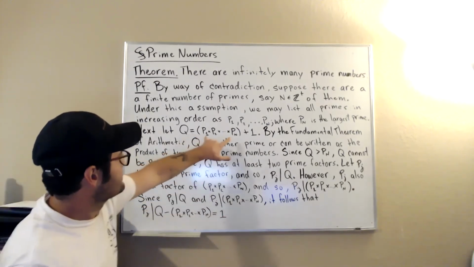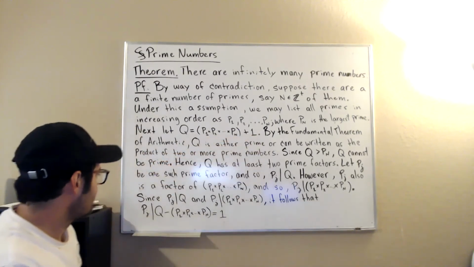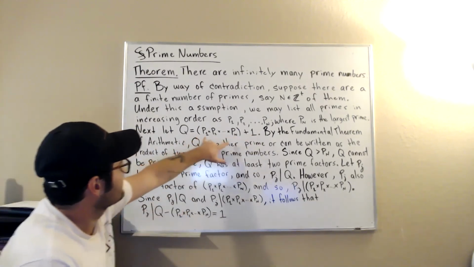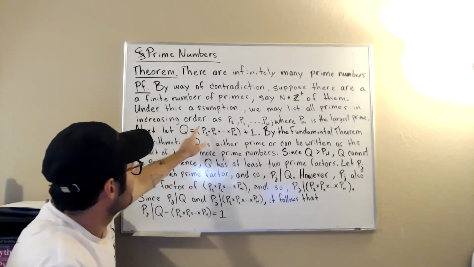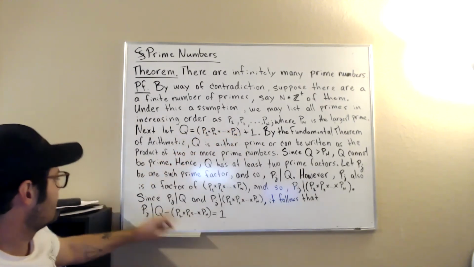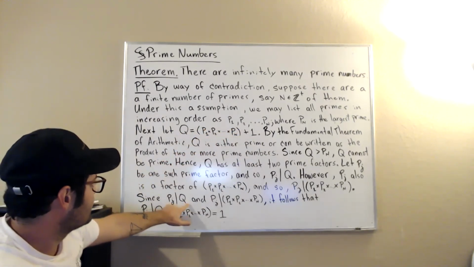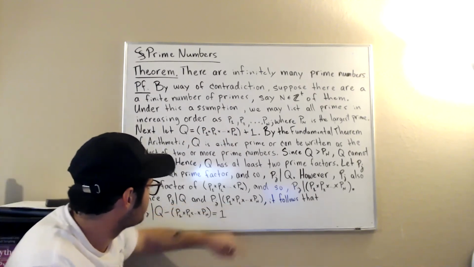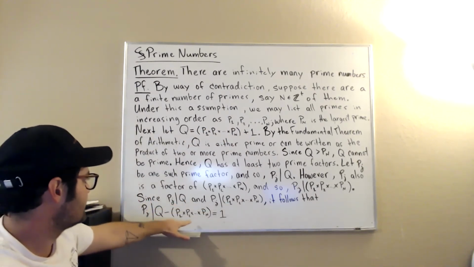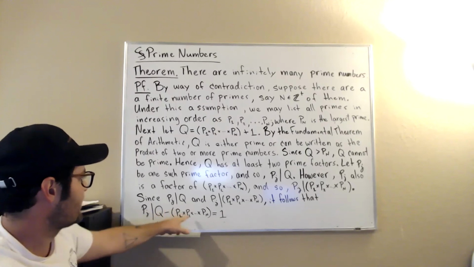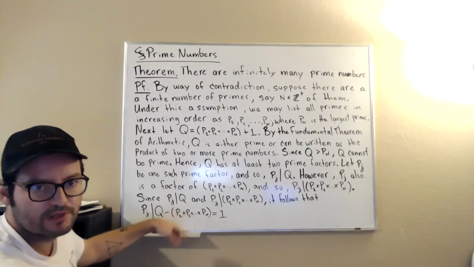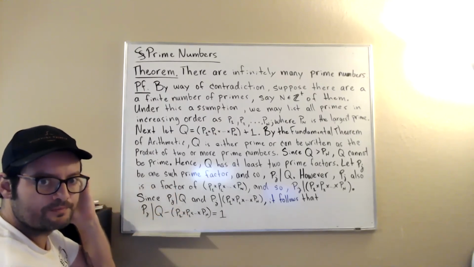Right? Q is defined as that product plus 1, right? So if we subtract that product on both sides, we get that minus that is equal to 1. So if Pj divides that, and Pj divides that, then surely it divides the difference, because you could just factor out a Pj from there and a Pj from there, and it would divide it.